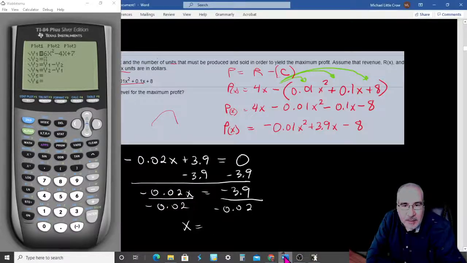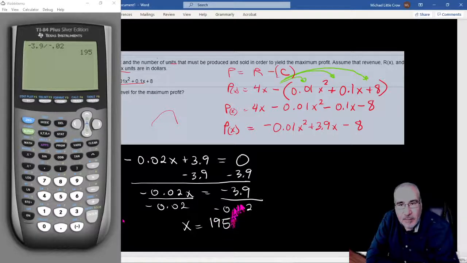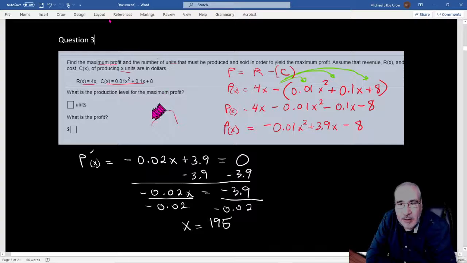Let's clear this screen off: negative 3.9 divided by negative 0.02 is 195. So the units: 195 units.